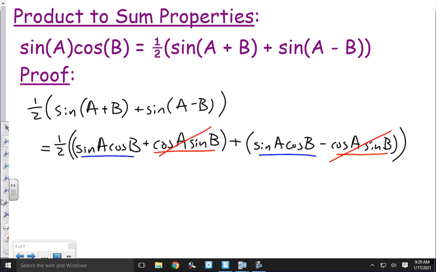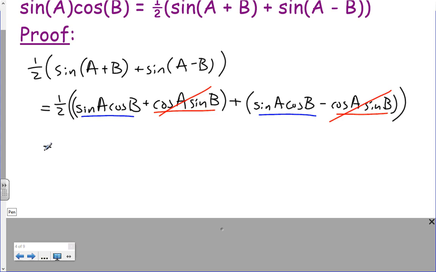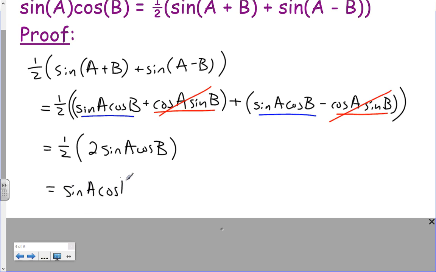Since they're identical, I can add them up, and I end up with two of those. So I've got 1/2 of 2 times the sine of A, cosine of B. And again, the 2 and the 1/2 will cancel each other out, and we end up with just the sine of A, cosine of B. There is our product to sum property for sine times cosine.